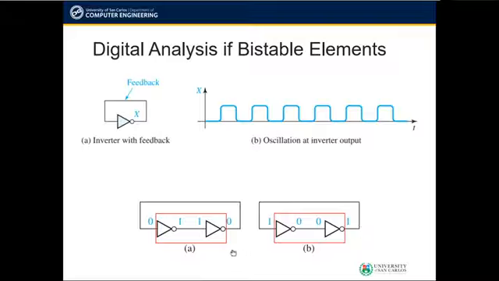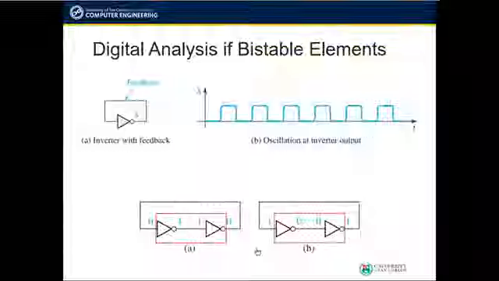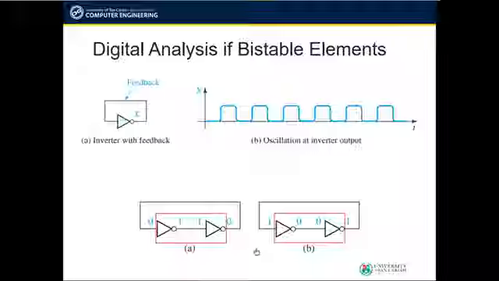For both of these cases, the output value or state of the circuit remains the same indefinitely. The behavior is what we want for a bistable element. We can redraw this circuit and it will look something like this.